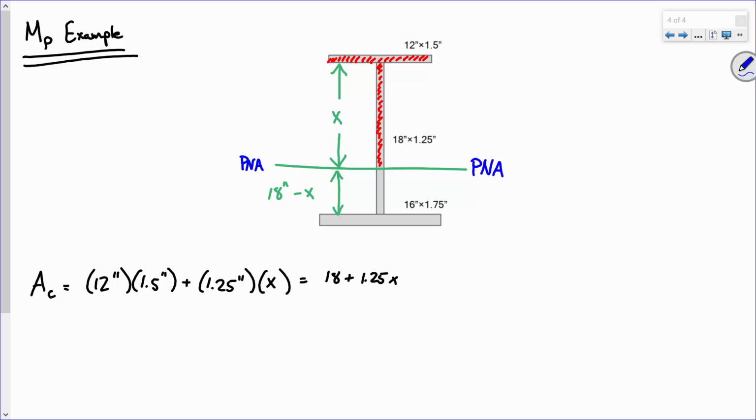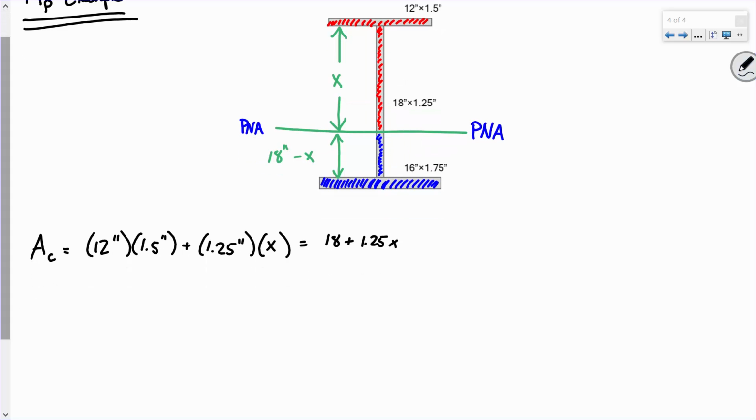The area in tension is going to be this blue shaded area right here, all this and all that, right? So what's the area in tension?